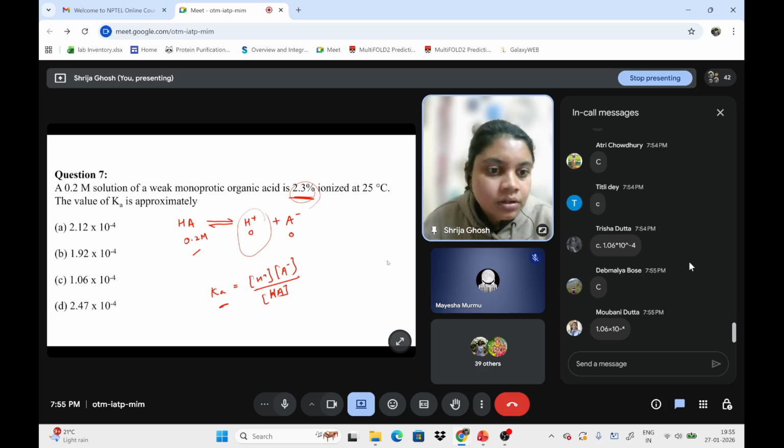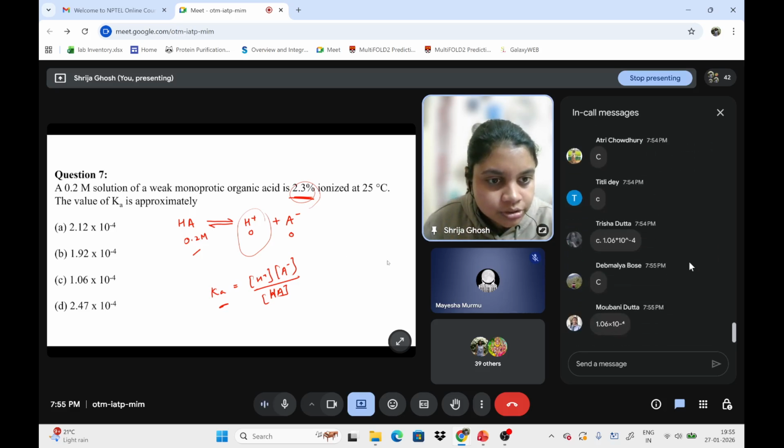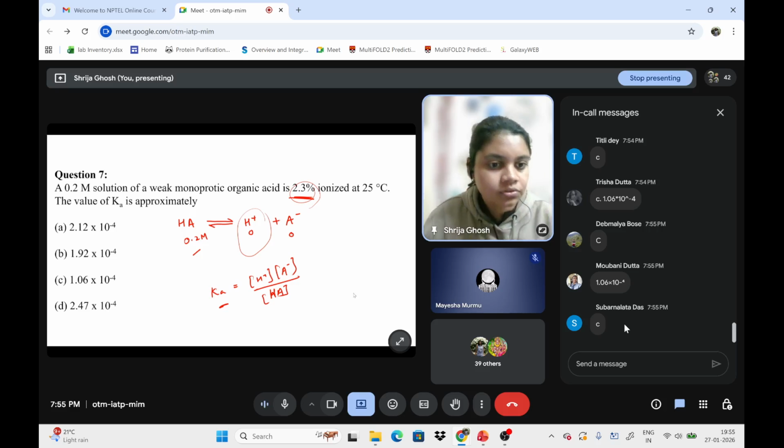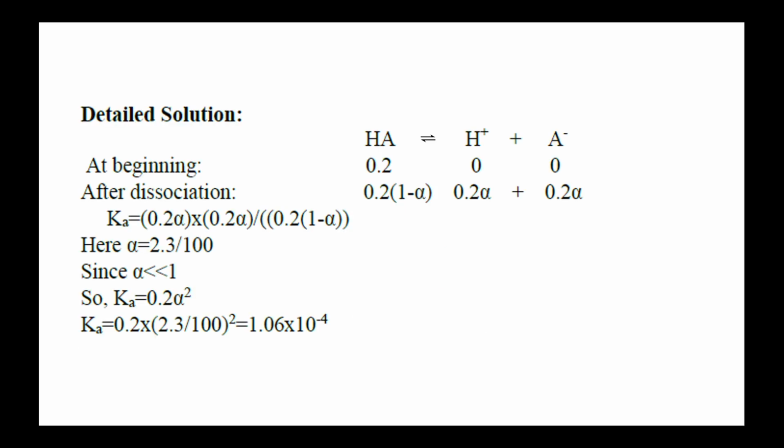Okay, so all of you have answered option C, 1.06 into 10 raised to the power minus 4. So let's see the solution and let's check if you are all right or wrong.